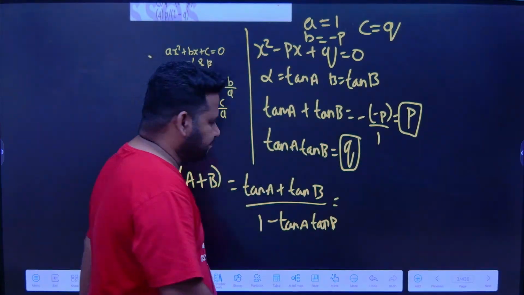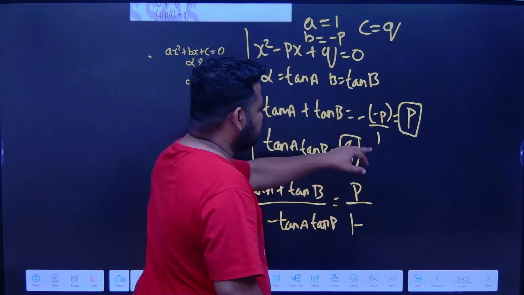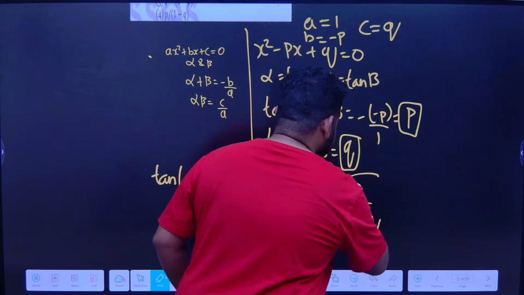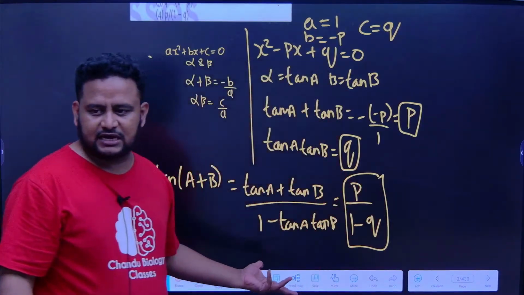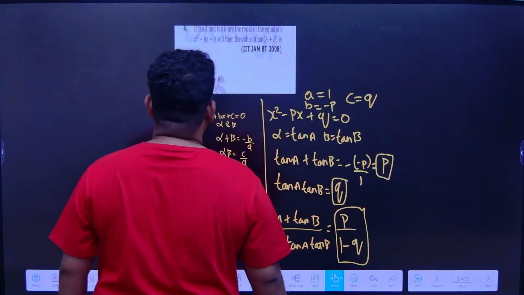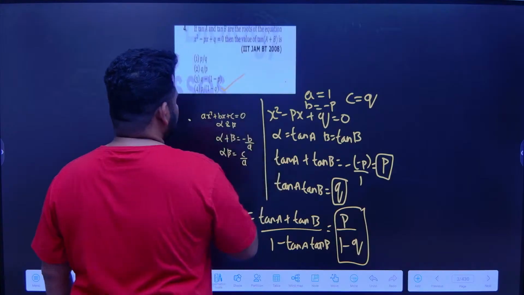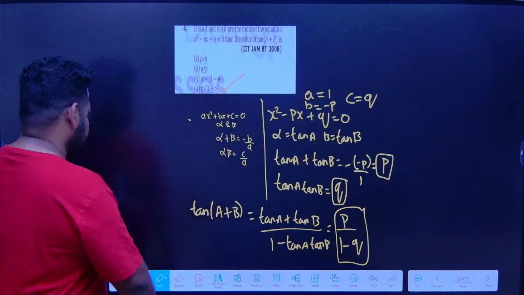The value is p. By 1 minus tan A tan B, which is nothing but q. So we got the answer as p by 1 minus q. That is the answer. So what is the option? P by 1 minus q, that is option 4. Option 4 is the right answer to this question. Let me enlarge this.